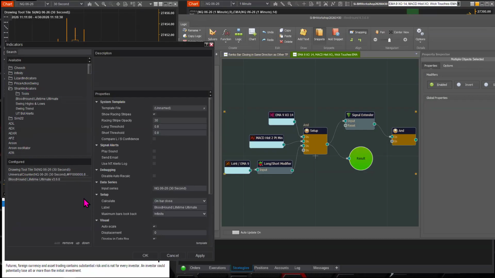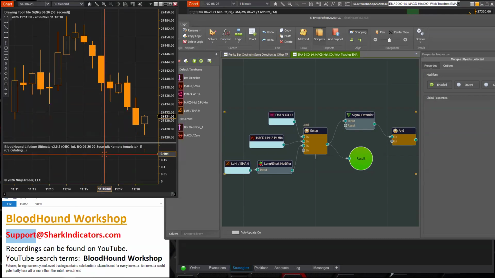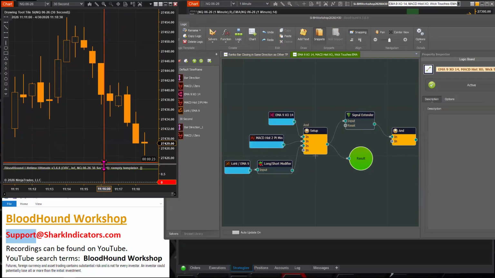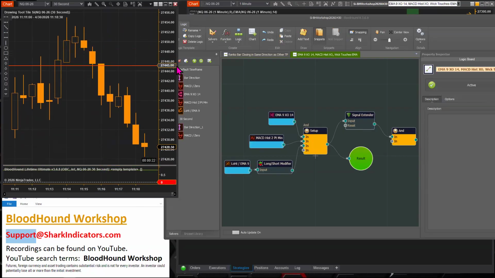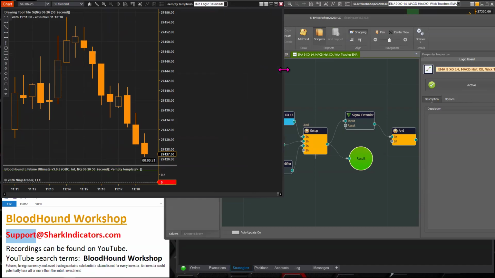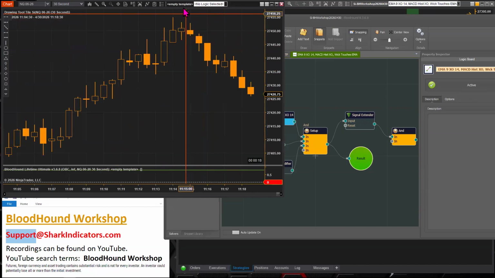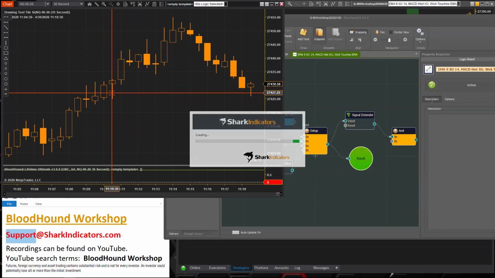And let's put Bloodhound on this other chart, like so. There we go. Open it up a little bit. So now we can hit the Bloodhound button on top of the chart here.